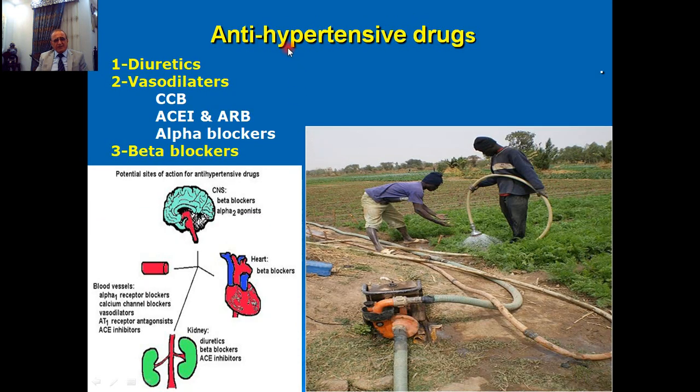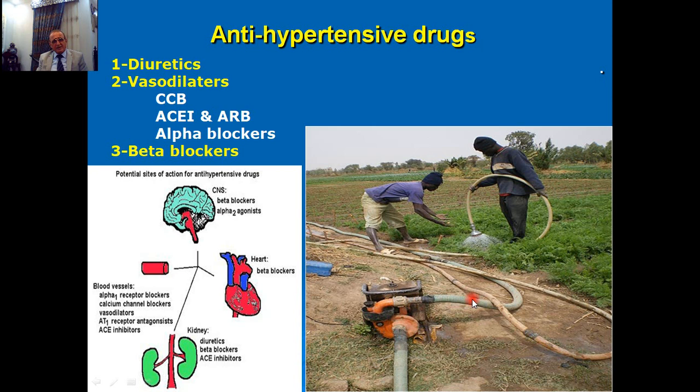The antihypertensive drugs again are diuretics, vasodilators, and beta blockers. Remember the normal physiology of blood pressure. I brought this so that you will not suddenly lower the blood pressure in certain cases because you will cut off this water from this area. Be careful. There is a motor pushing blood. If you want to wash your hand or water this area, you need certain piping, and you need a motor system, and you need this amount of water.